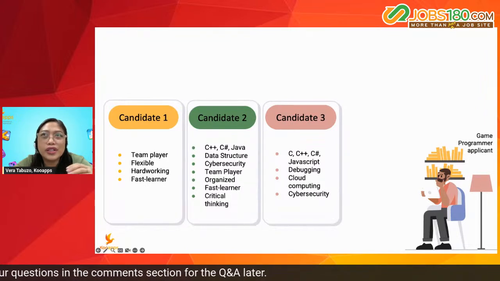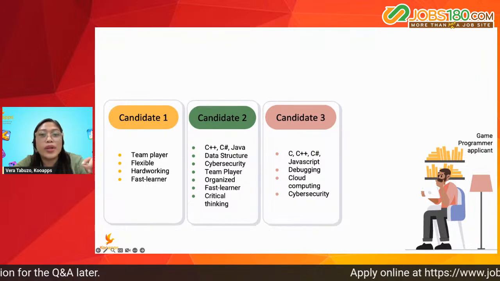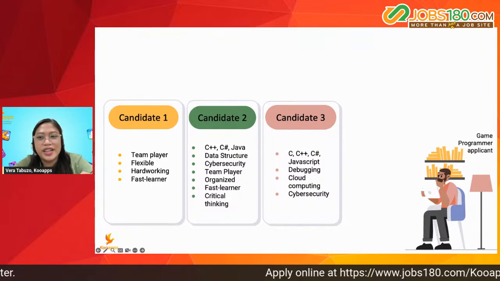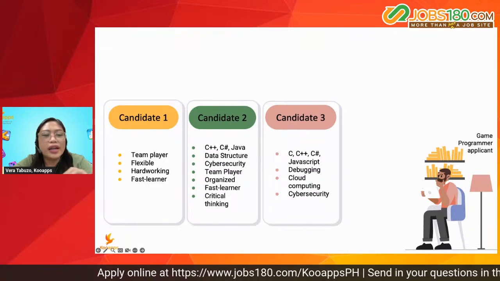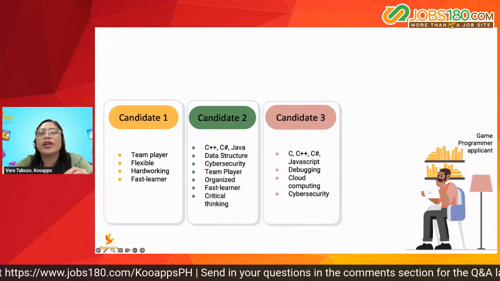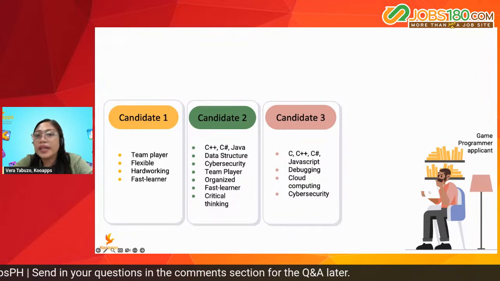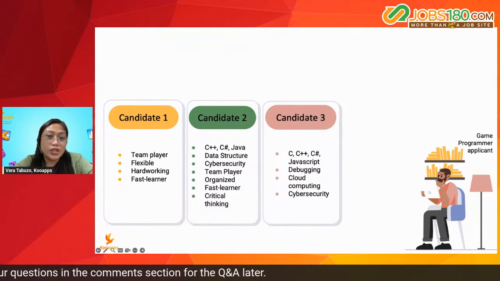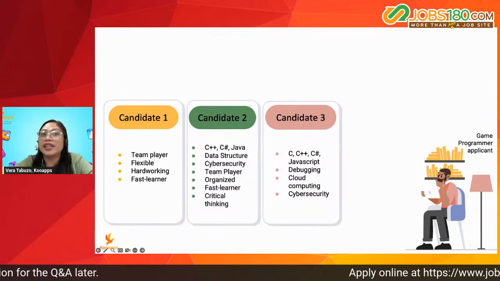So the recruiter might ask, can this person work well with others? Can this person thrive in a fast-paced environment, or dive in well in the team dynamic? Those are the questions that will be encountered by candidate 3.